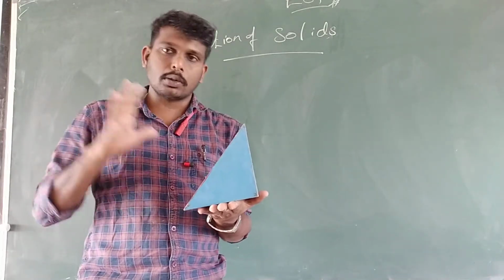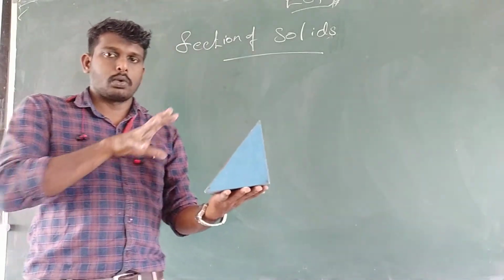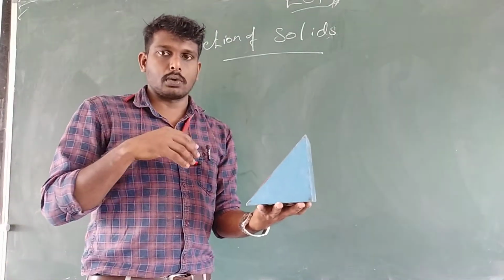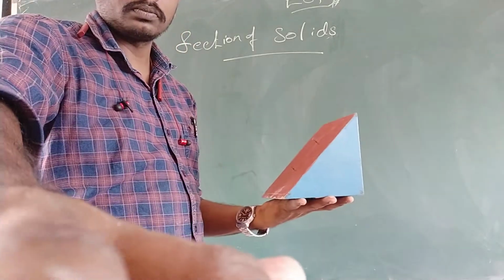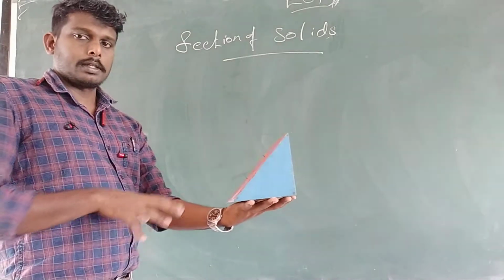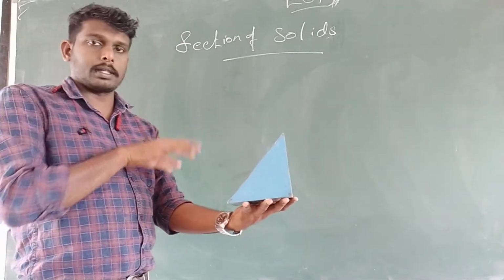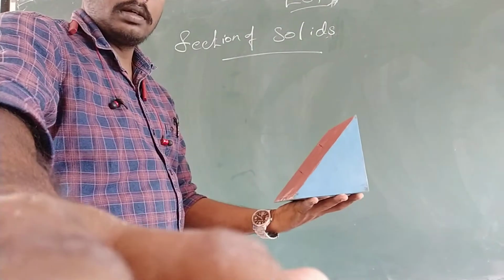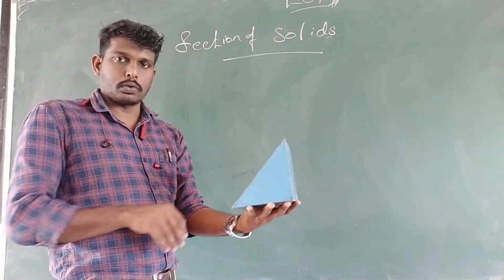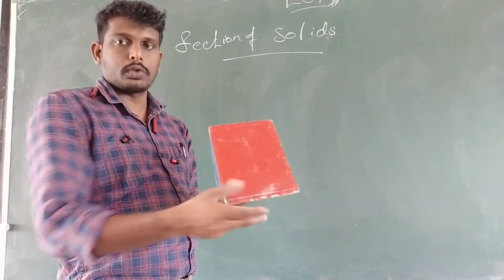In order to find out the true shape of the section, we should look at the solid from a direction perpendicular to the section plane. Here I know what the true shape of the section is. This is the true shape of the section here.